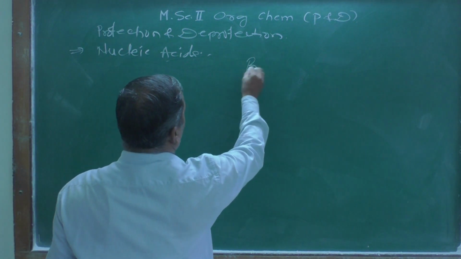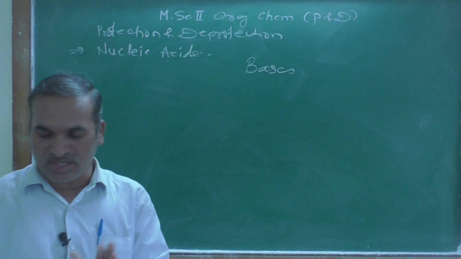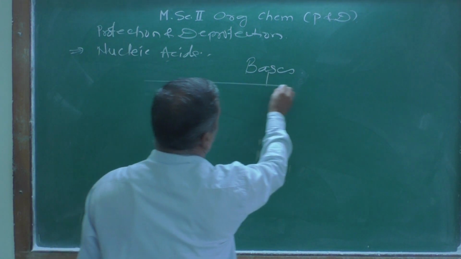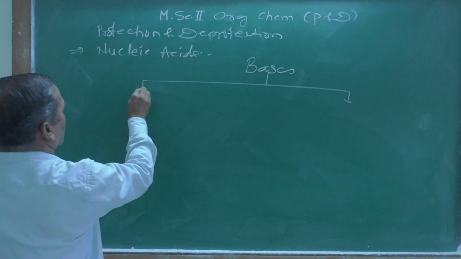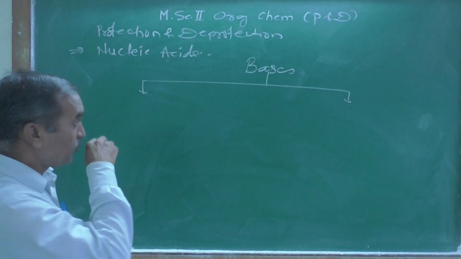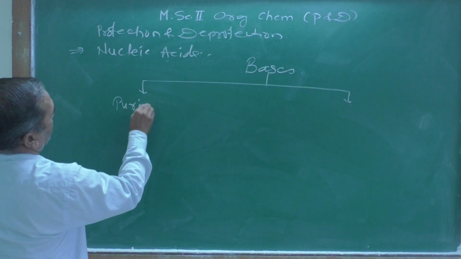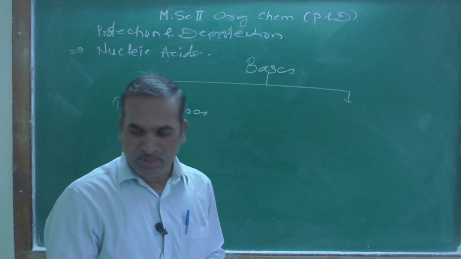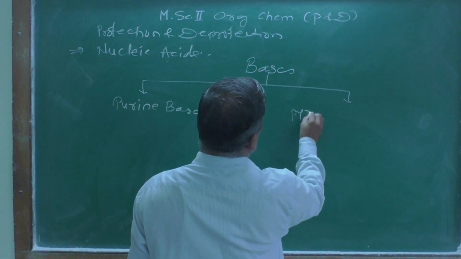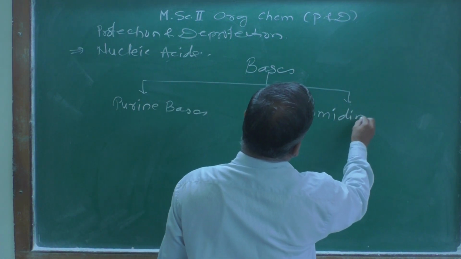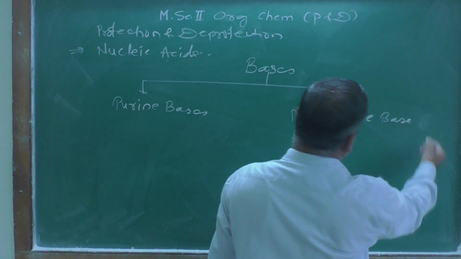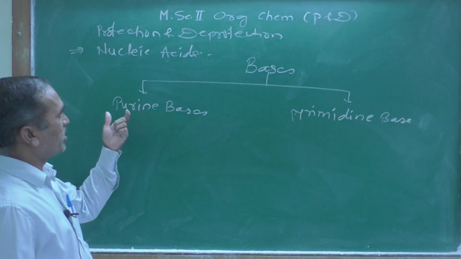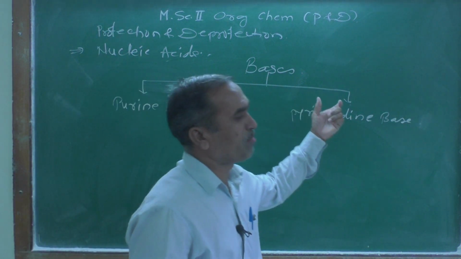The bases are further divided into two types: number one, purine bases, and the second one, pyrimidine bases.